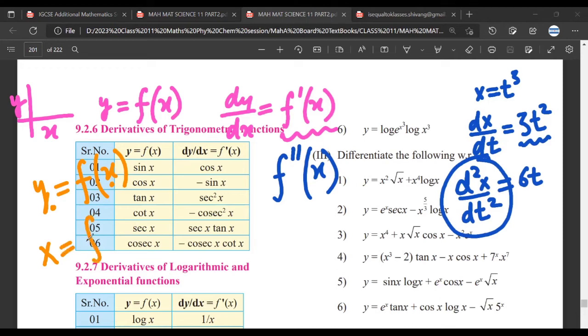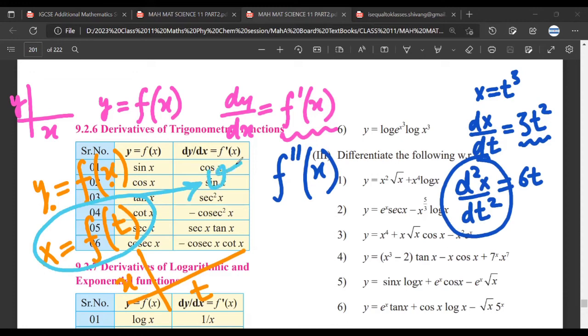When they write x is a function of t, all they are saying is that t is the independent variable now and x is a dependent variable. Is it making sense? Yes. And just to add to the confusion, I understand your confusion, they might say that this is actually equal to u. Is it making sense? Yeah.